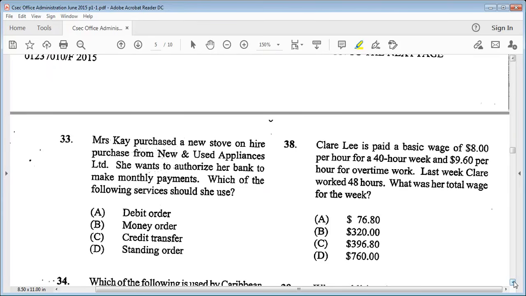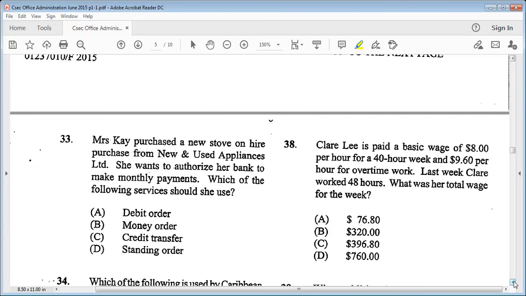Says, Mrs. K purchased a new stove on hire purchase from New and Used Appliances Limited. She wants to authorize her bank to make monthly payments. Which of the following services should she use?